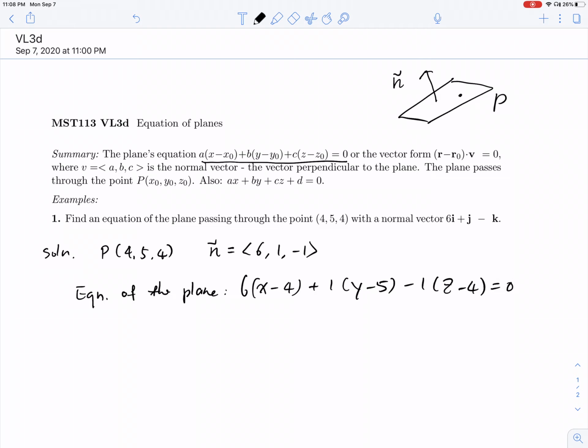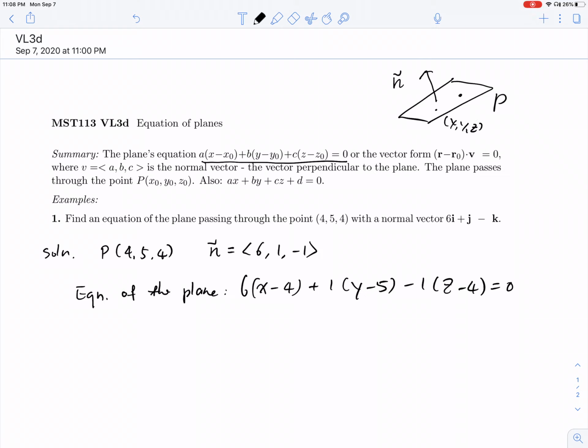It simply means that given any point (x, y, z), the vector from P to that point is perpendicular to n. So that's the dot product. Some of us prefer to multiply them out.